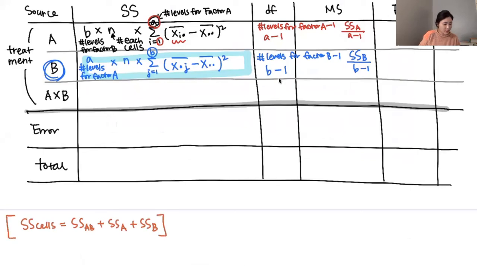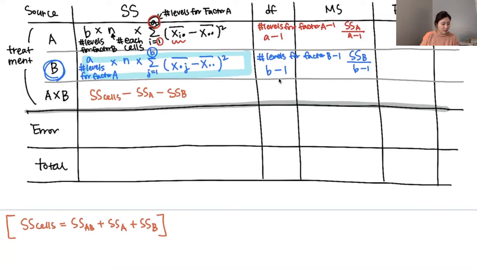So for the interaction, we can write it as sum of square cells minus sum of square A minus sum of square B. And we're going to calculate the sum of square total first.